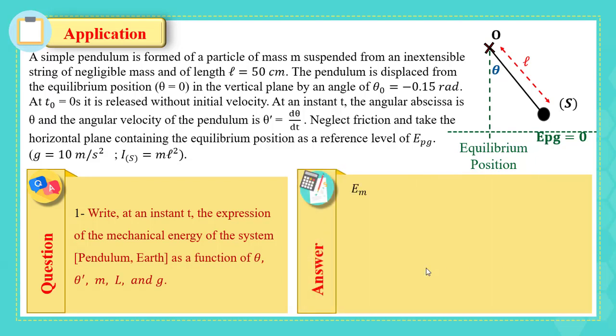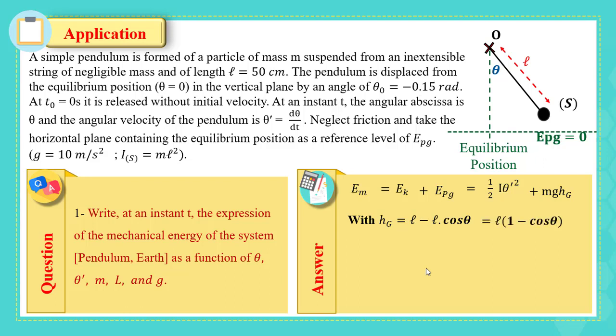We start with the expression of the mechanical energy that we know. The mechanical energy is the kinetic plus the gravitational potential energy. The kinetic is half I theta prime squared, while the potential is mg hg, with hg equals L minus L cosine theta, which we can write as L into 1 minus cosine theta.